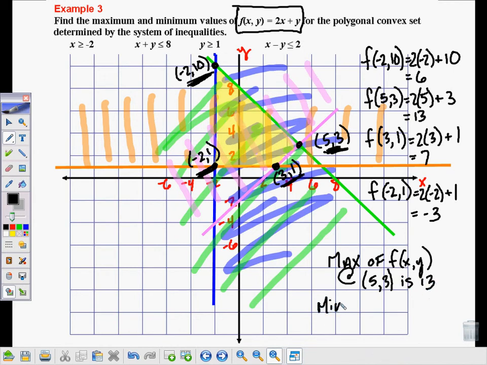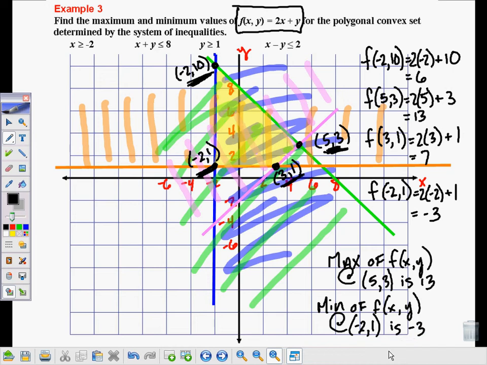The minimum of f of x, y is at, let's see, minimum value, we've got negative 3, so it's at negative 2, 1, that's where we get it, and it is negative 3.